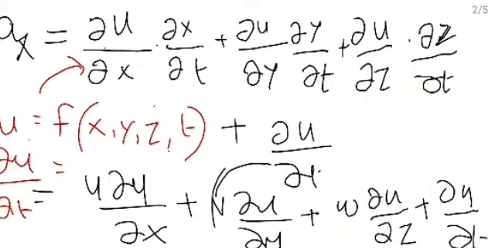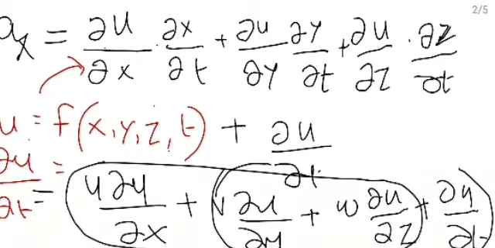what is this term? Sorry, this visually. Dou u by dou x, dou u by dou y, dou u by dou z, plus that are gradient, and it is v dot del v. This is dot product.